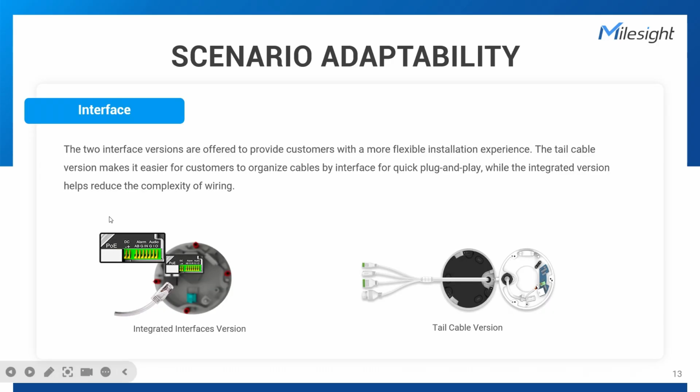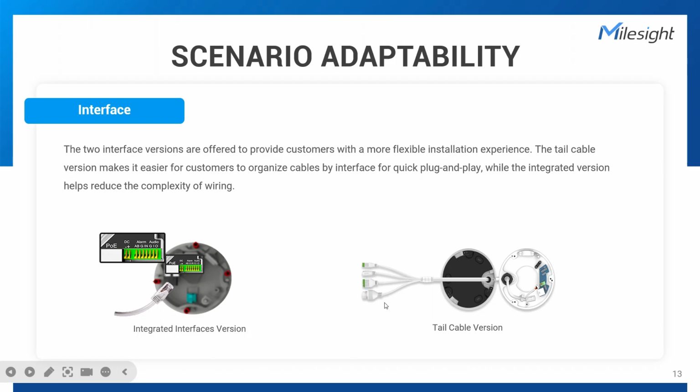And also the interface, we provide two design versions for our clients. One is the integrated interfaces version and one is the tail cable version. The integrated interfaces version puts all the interfaces on the bottom of the camera. This design will help you streamline the cable job.